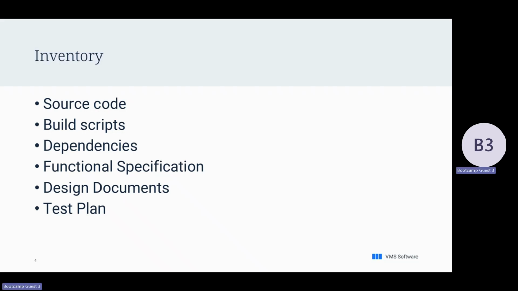If you have these, great. If you don't have them, you may be able to get by without them, or maybe you want to consider at least writing a test plan.